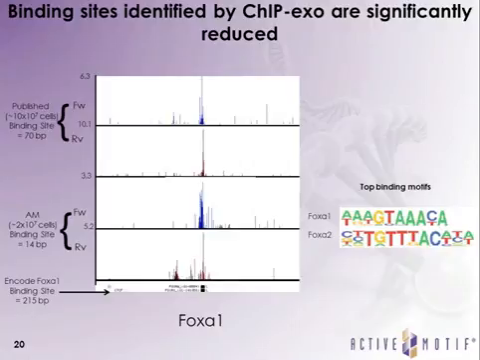And when we compare this to the ENCODE database, this binding site has been identified to have a size of 215. So in regards to FOXA1, you can definitely see that ChIP-Exo significantly reduces the number of base pairs in your binding site compared to traditional ChIP-Seq data.